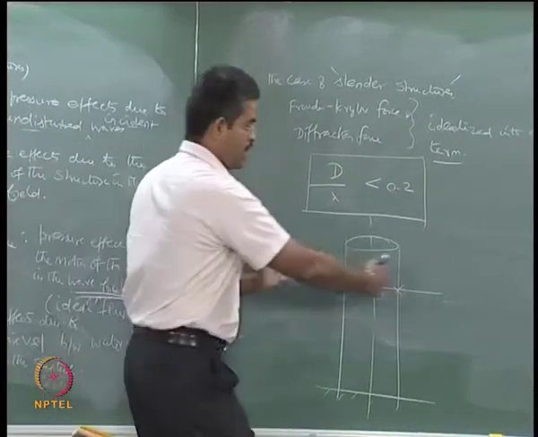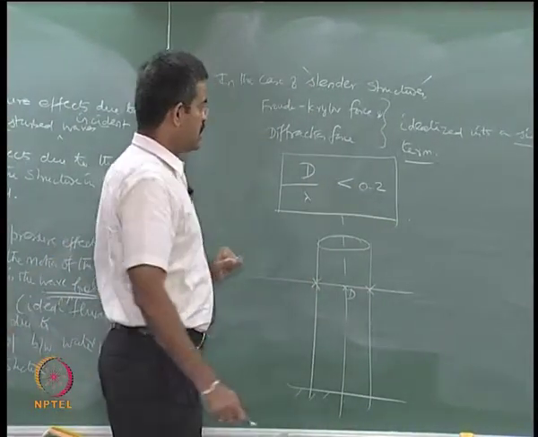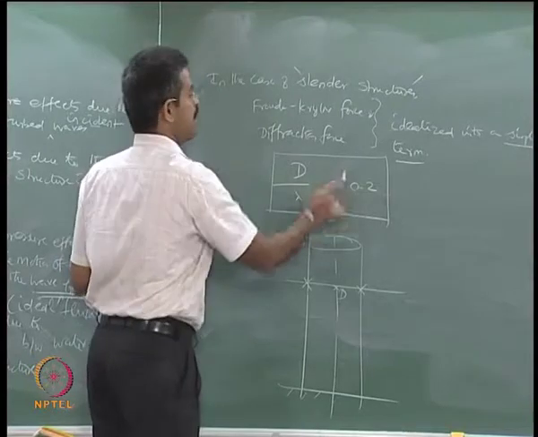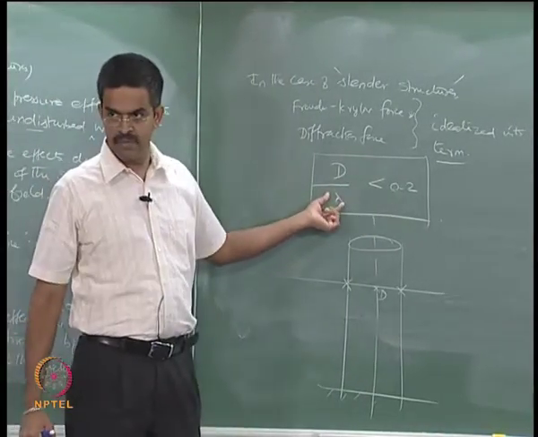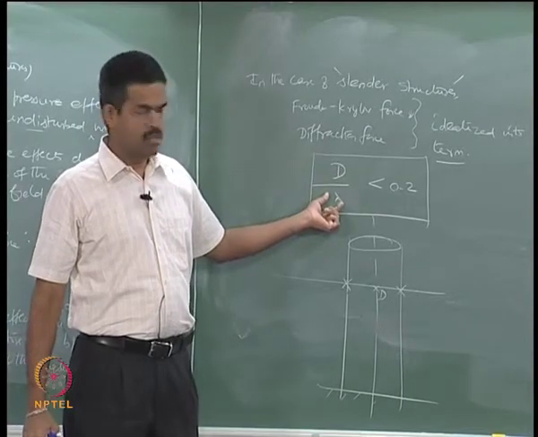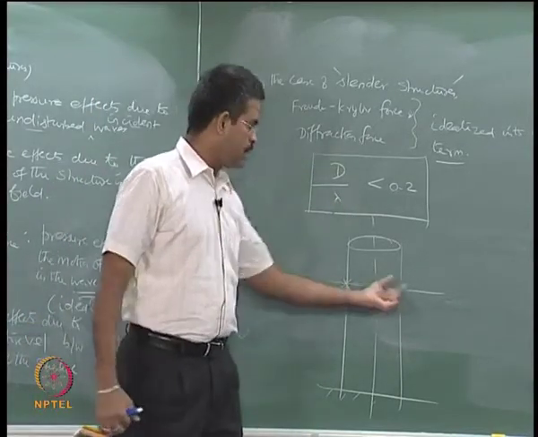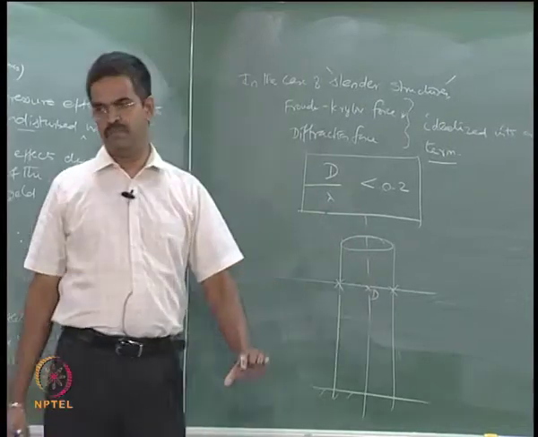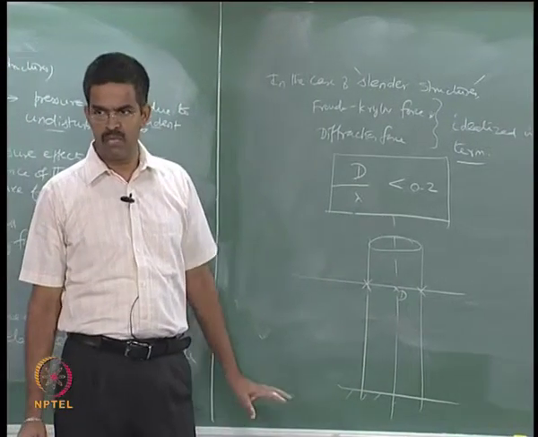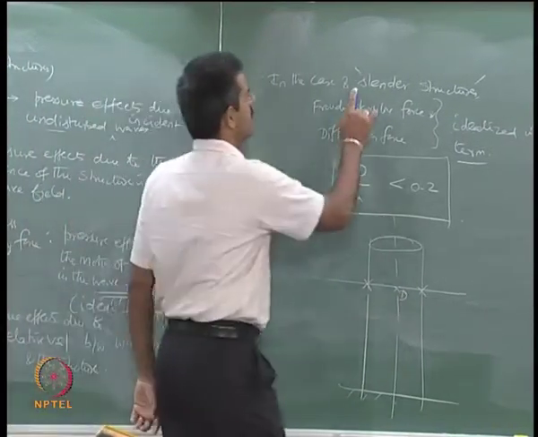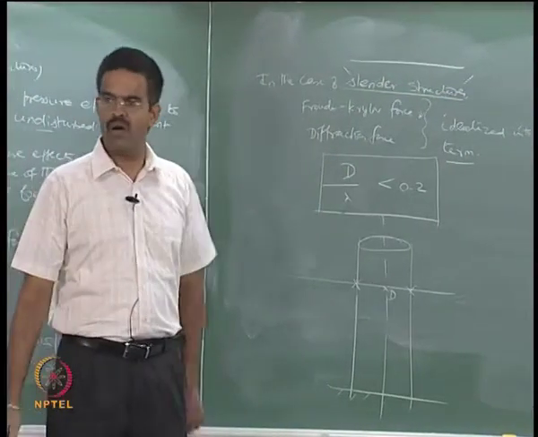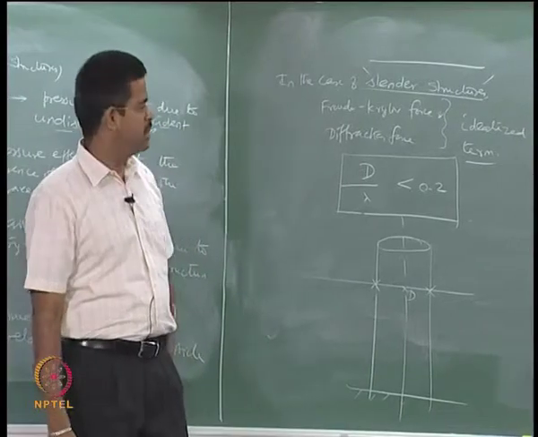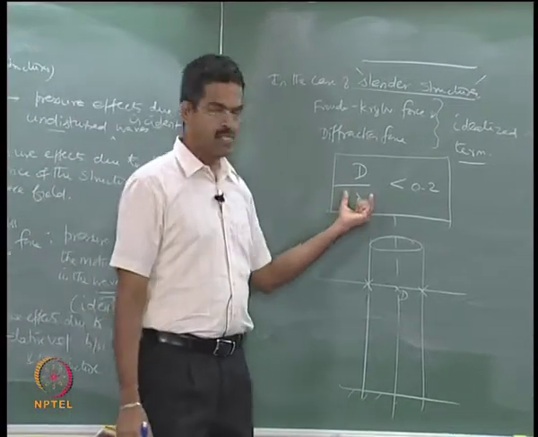If the member is large, it means if the diameter of the member is much greater than 0.2 of its wavelength, then the point where you measure the water particle kinematics will matter. Okay. So that is the difference in case of slender structures in computing the wave forces or hydrodynamic forces, if this is satisfied.